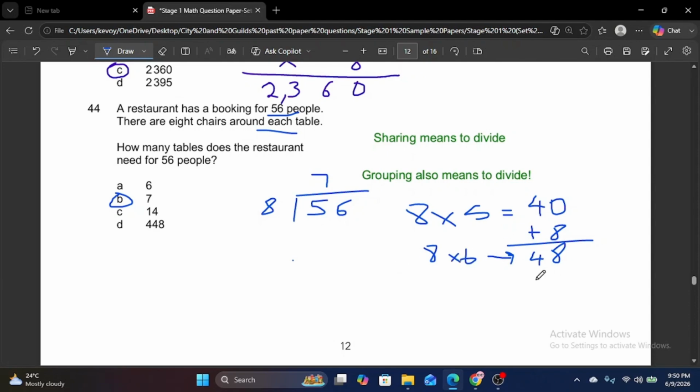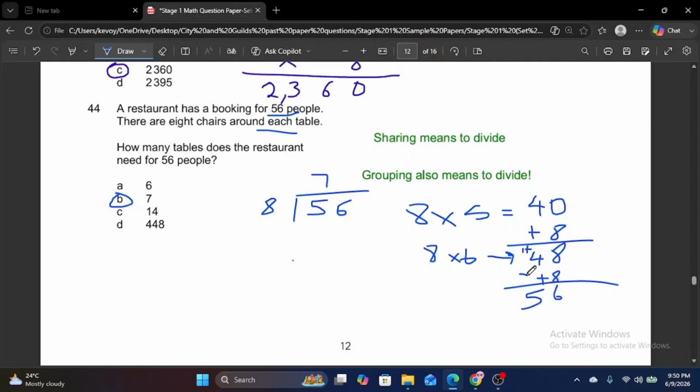And what you can do again is add 8 again to see if it reaches 56 or a number close to it. So 8 plus 8 is 16, carry the 1 and add it, so 1 plus 4 is 5, that's 56.